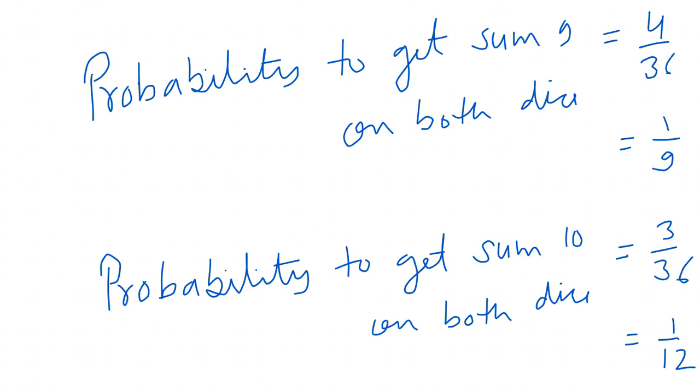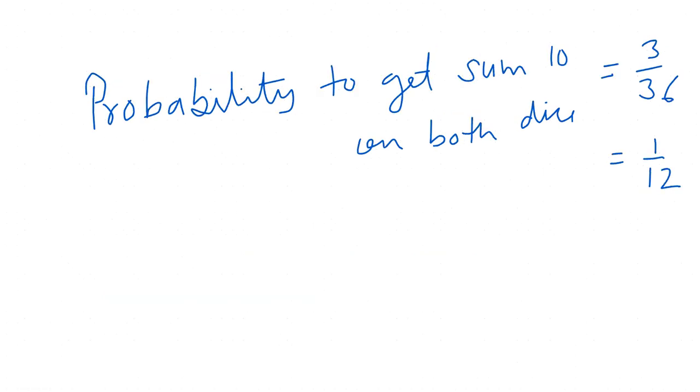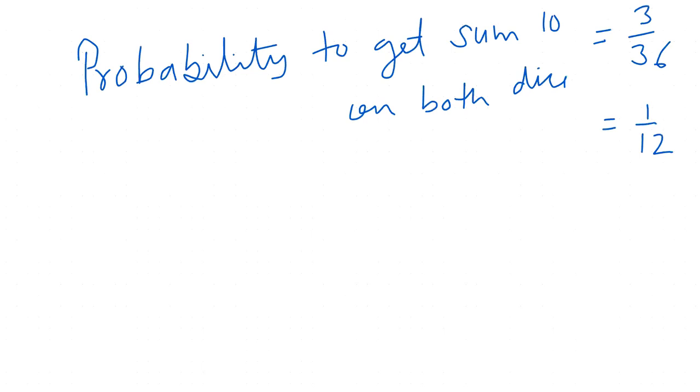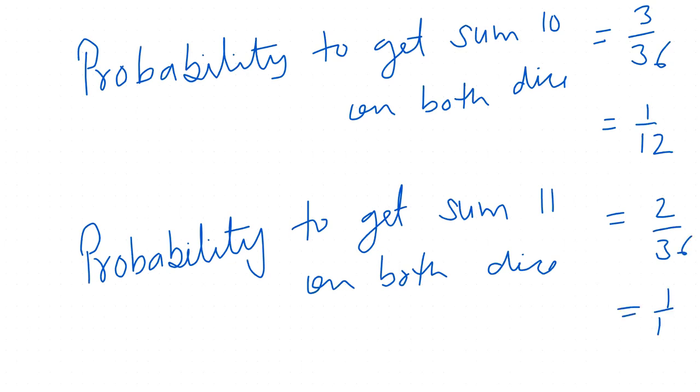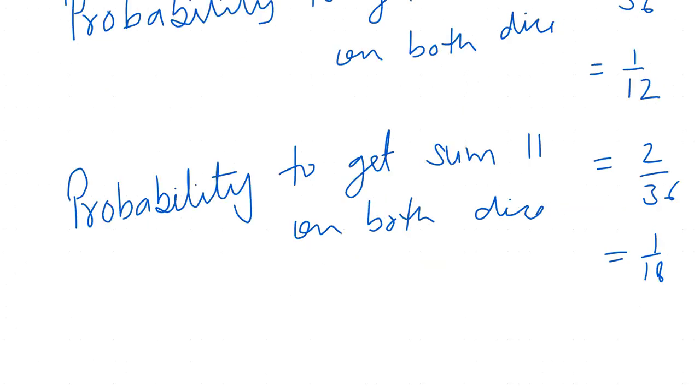Yes, 1 by 12. Next, probability to get sum 11 on both dice. So 5 comma 6, 6 comma 5. We have two outcomes. So we have 1 by 18. And probability to get 12, obviously we will have 1 by 36.